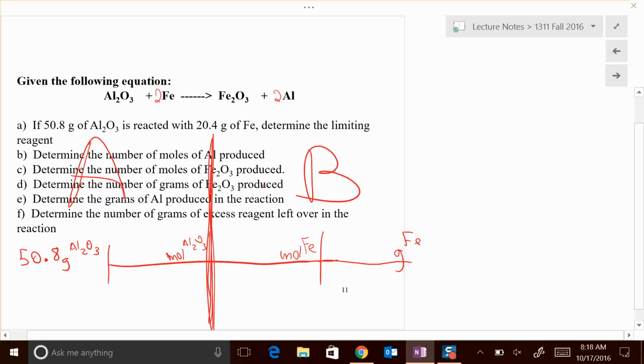The grams of Al2O3 and the moles of Al2O3 are on side A. The moles of Fe and the grams of Fe are on side B. Because in stoichiometry, the whole purpose of it is to be able to convert from one thing to another thing. You can only do that if you have a balanced chemical equation and if you're using moles. If you keep that straight, that it has to be in moles when I convert from one thing to another, that's going to help you. Okay?